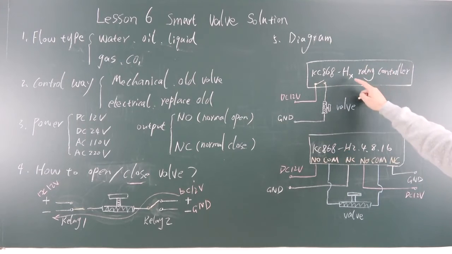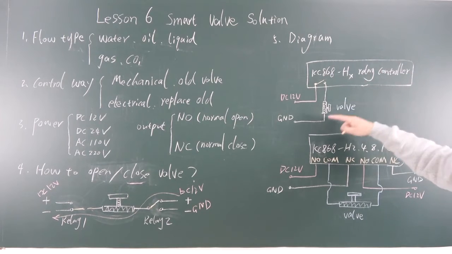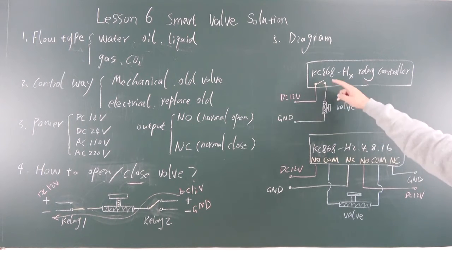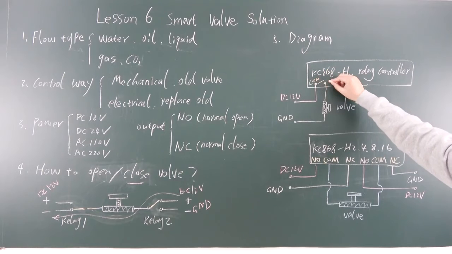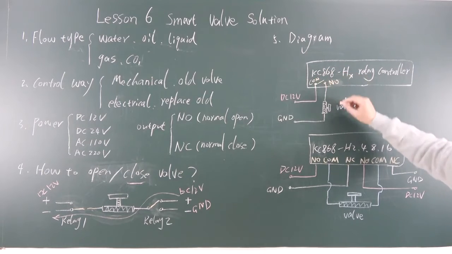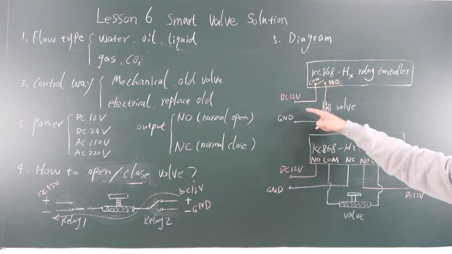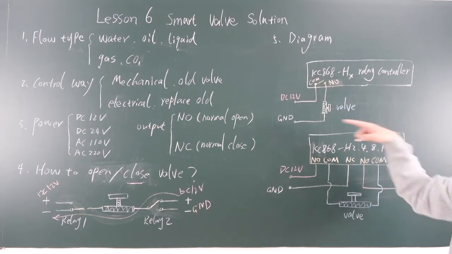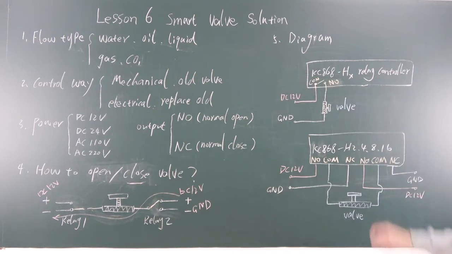HX means this X is a different channel. So all channel modules can be used in this situation. Just use COM and O, normal open, and the COM can control the valve. Just go through or not go through by this diagram.